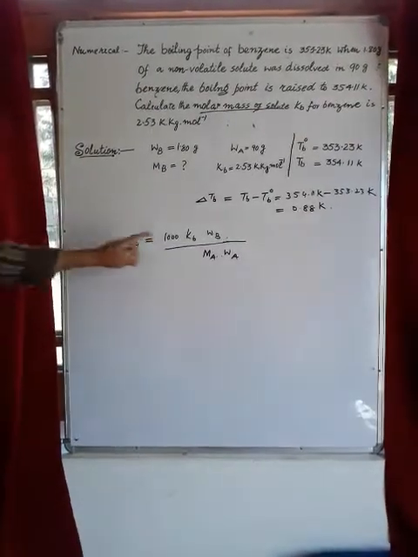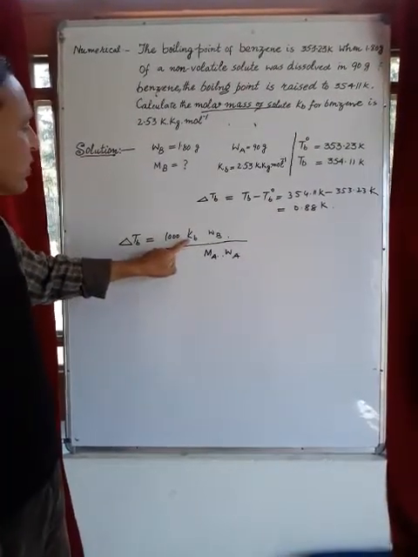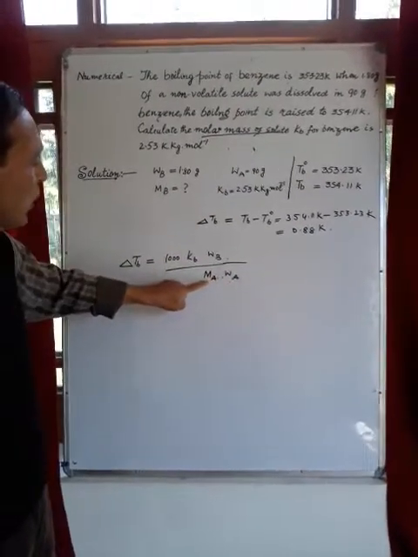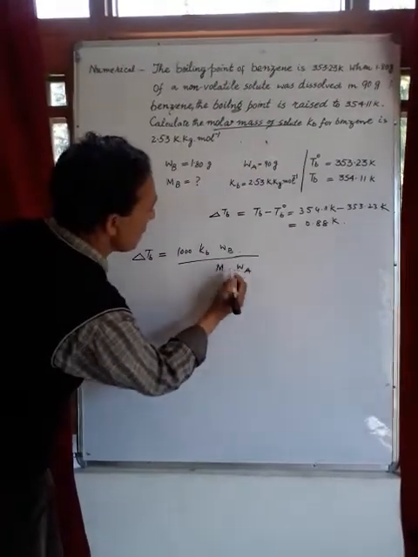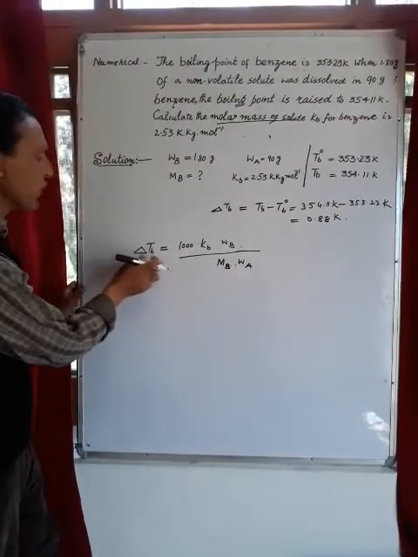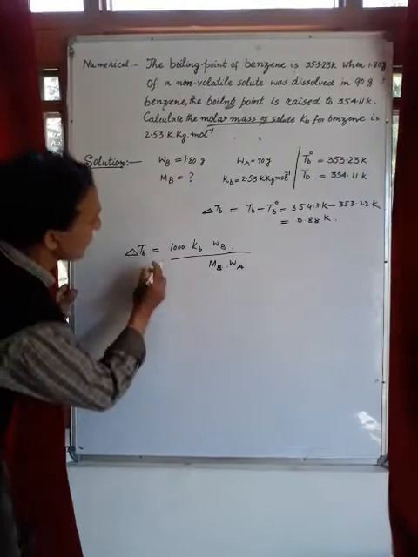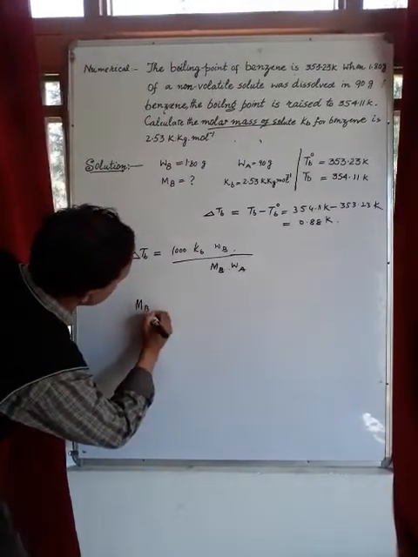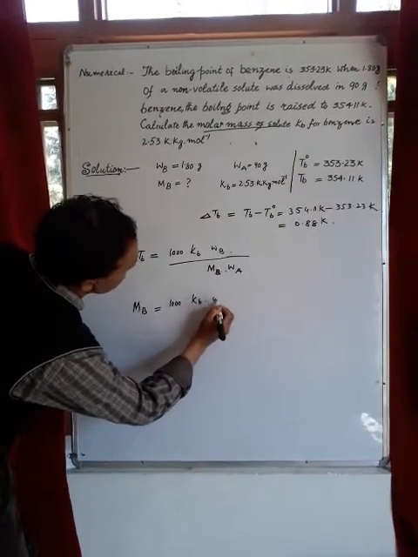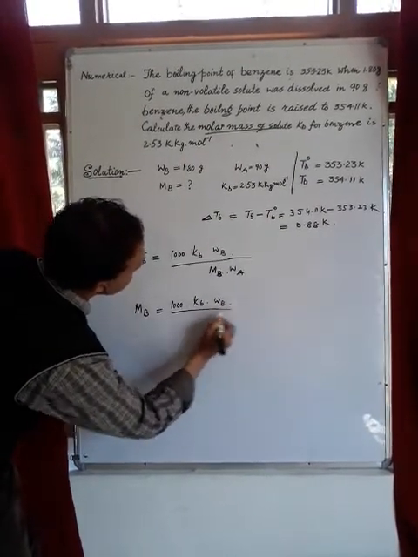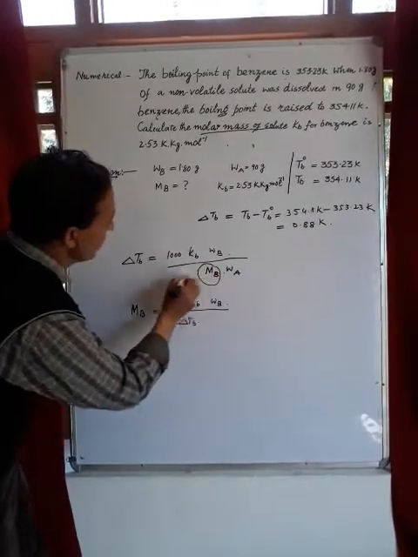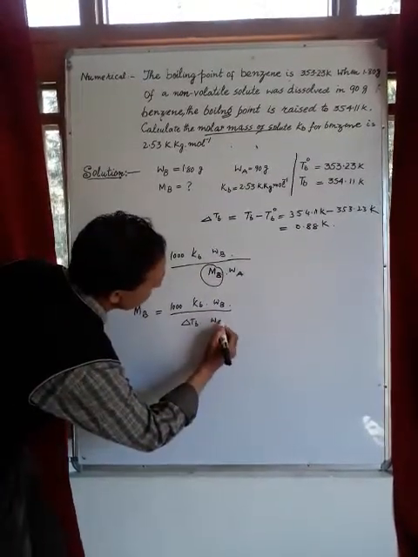This is the formula: molar elevation constant, mass of the solute, mass of the solvent, molar mass of the solute, Mb. So we can calculate the molar mass of the non-volatile solute as Mb is equal to 1000 Kb Wb whole divided by del Tb into, ये हम यहाँ ले लेंगे, into Wa.